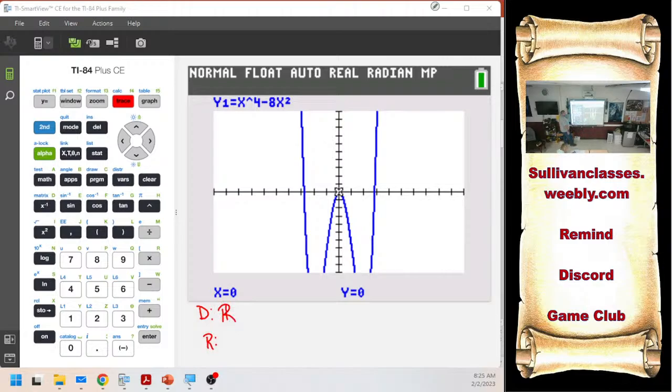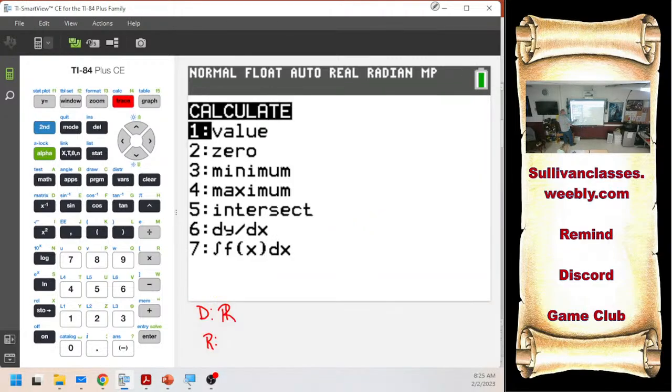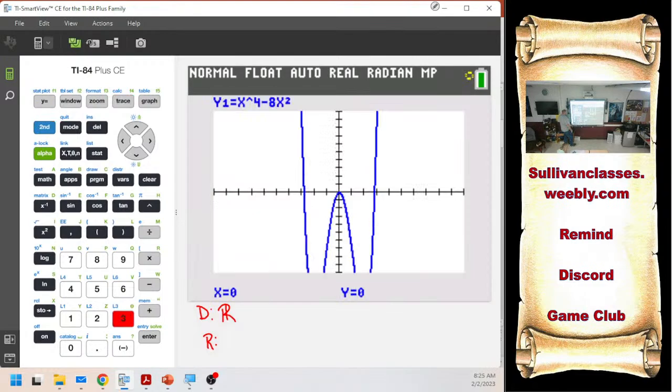That one, I need to find out how low it goes. It's obviously symmetrical, so I'm going to calculate a minimum to find out how low it goes. It appears to be somewhere between -3 and 0. So as long as those arrows are pointing in and that extrema is somewhere down there, I should be able to find it.